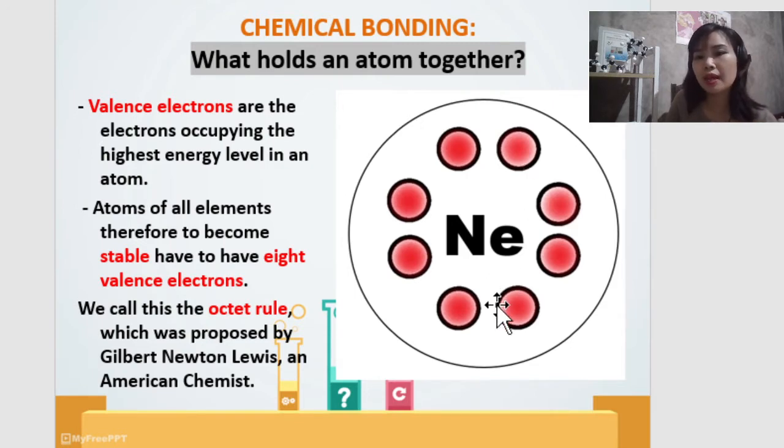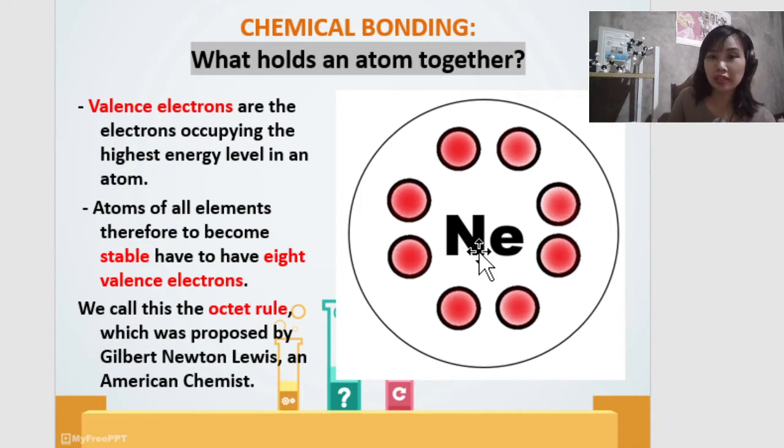Now, remember, atoms of all elements, to become stable, have to what? Eight valence electrons. For our atom to be stable, they need eight valence electrons.